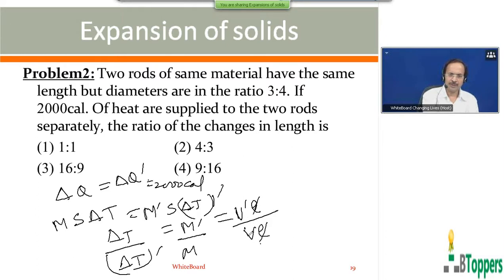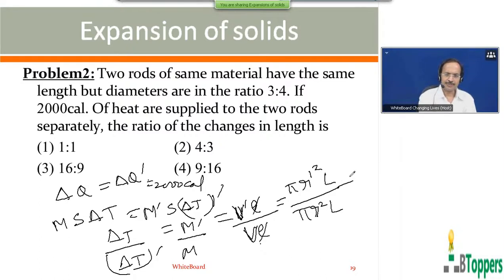Volumes are different. V the original volume of the first rod, V dash is the original volume of the second rod. So original volume of the first rod you can write pi r square L. Original volume of second rod pi r dash square into L. Both the rods have same length.